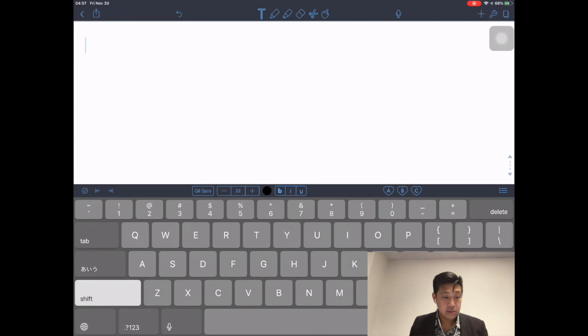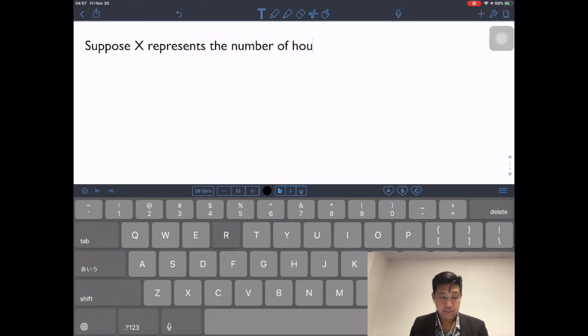Here, suppose x represents the number of hours shopping and y represents the number of US dollars spent in hundreds.